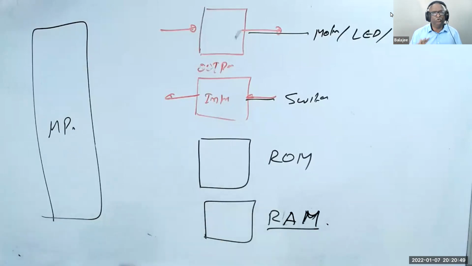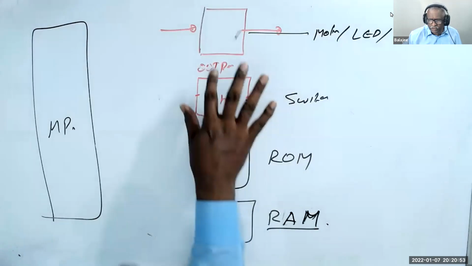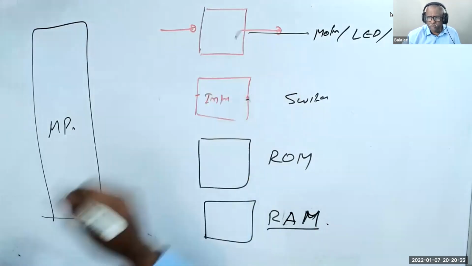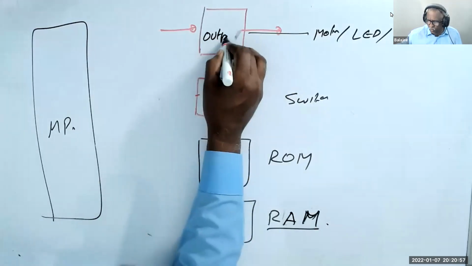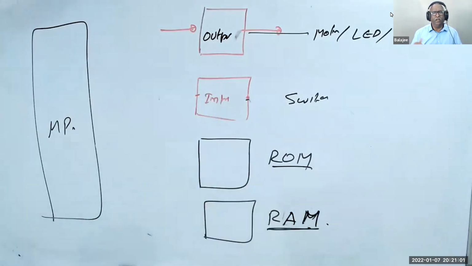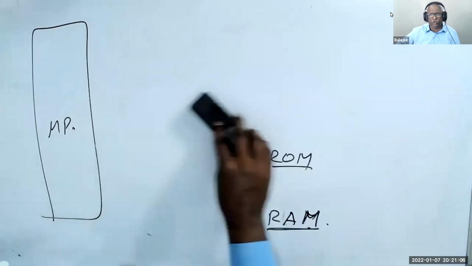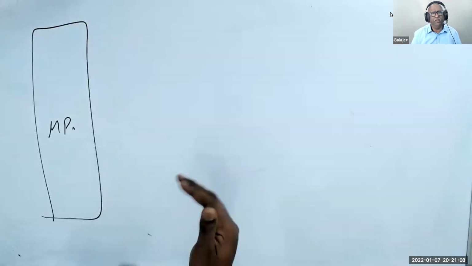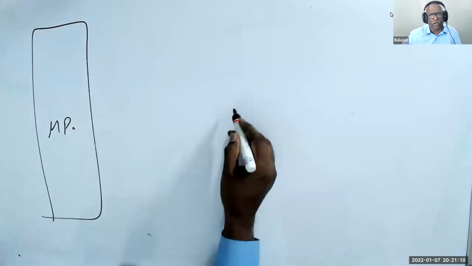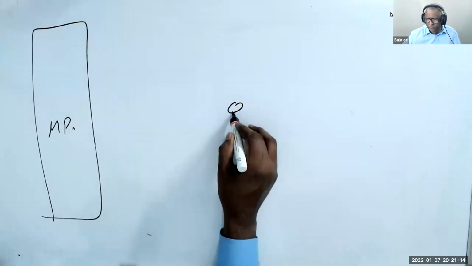Keep it as RAM. So there are four. One is input, one is output, one is read-only memory, one is RAM. Now, what people thought is that each one is going to store one byte. But in your college or school, there will be a lot of students.